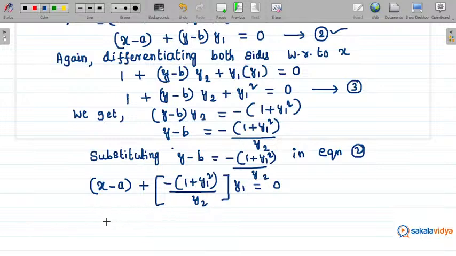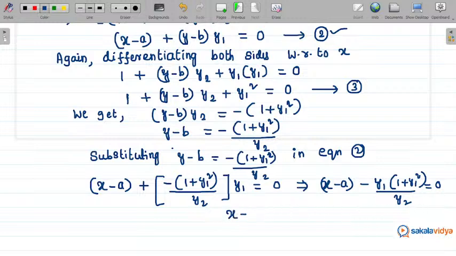Now this can be rewritten as x minus a, so this is plus into minus, you get minus of y1 into 1 plus y1 square upon y2 equals 0, so that we can find the value of x minus a in terms of y1 and y2.